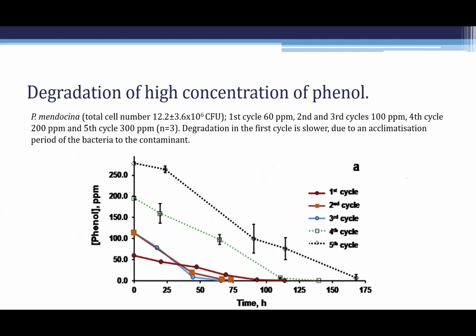We were also interested to see if different concentrations of phenol would affect the cells, because even if the cells use it as food, it could still be toxic. In this graph, they showed that the cells were fed with 50, 100, 200, and 250 ppm, and they still performed the degradation in different cycles.